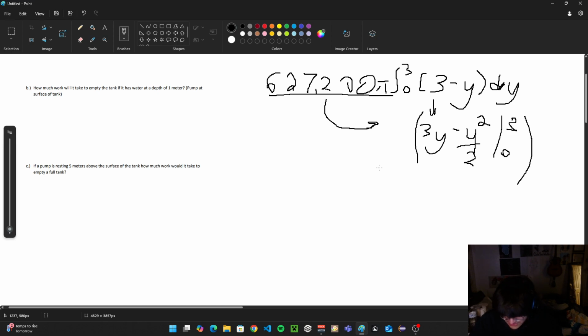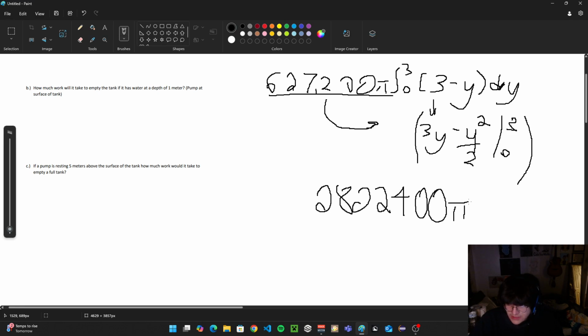Then we multiply that by 627,200. Okay, and then you end up getting this, and we can't forget the pi. So in terms of pi, the answer would be 2,822,400 pi.